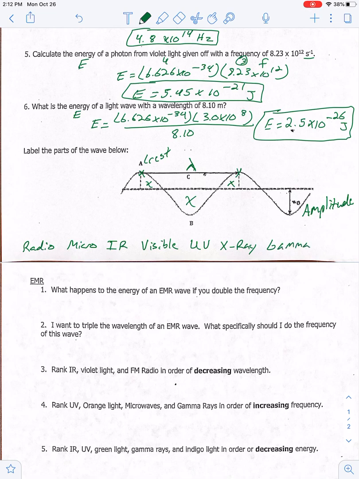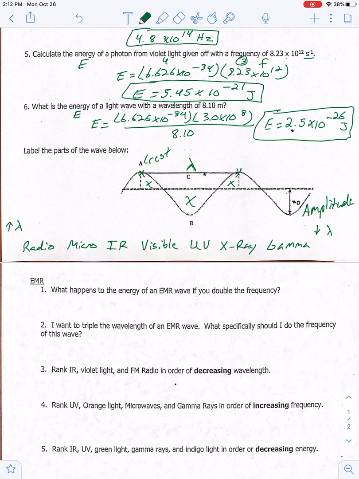The way sometimes people remember this is real Martians invade Venus using X-ray guns. You can come up with your own sentence if you want to, but that's just one that we use. Radio is going to have the longest wavelength, and gamma is going to have a very short wavelength.